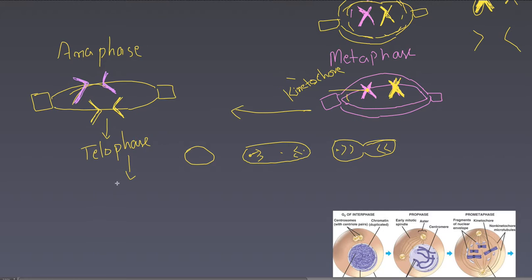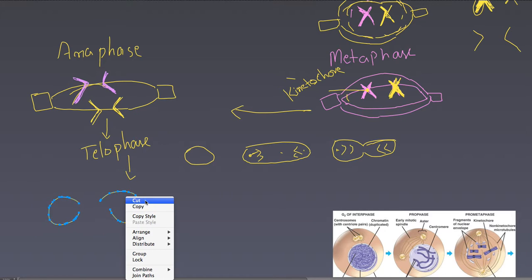In the telophase, you see that the cell keeps on elongating, and you have two different nucleuses. The cell keeps on elongating, and these genetic materials are in the opposite direction.